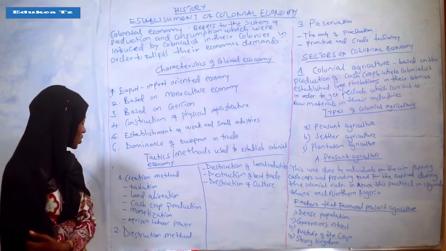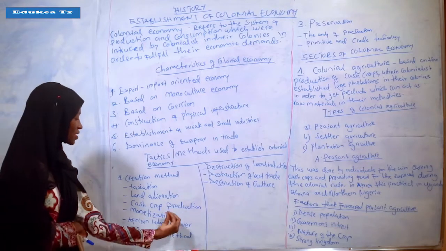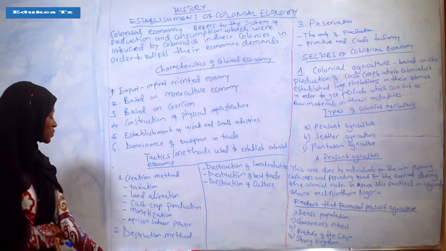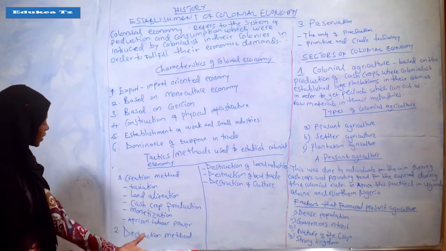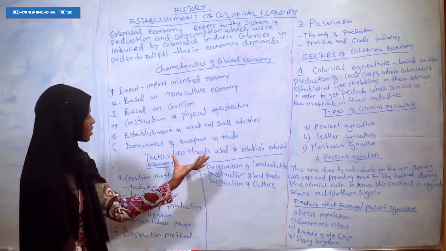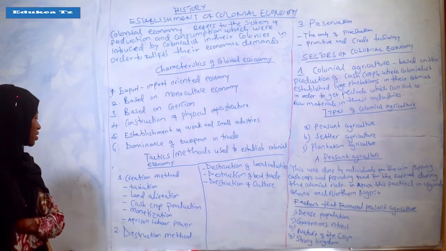Before the coming, we were not using money. Even in the trade, we were using barter trade, which means we were exchanging goods for goods. But after the Europeans started the colonial economy, the money system was officially established.